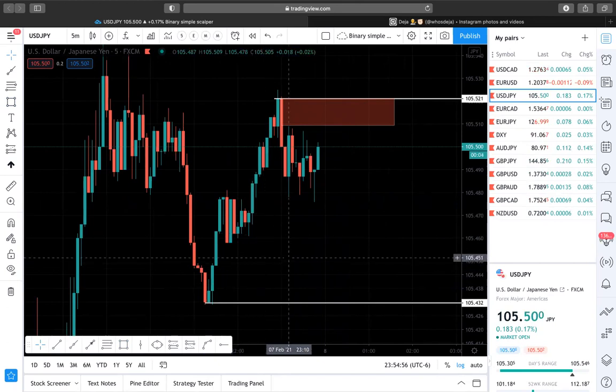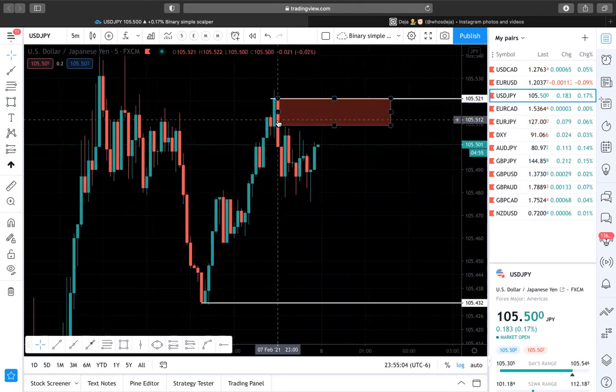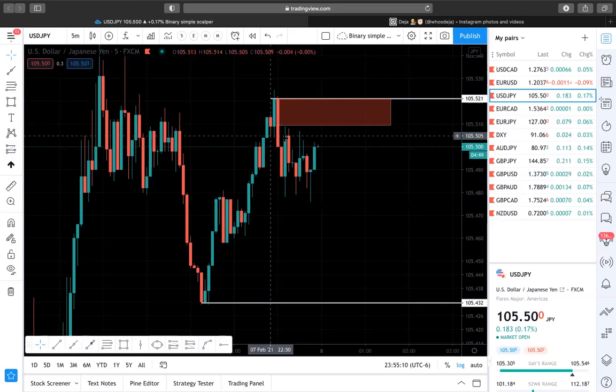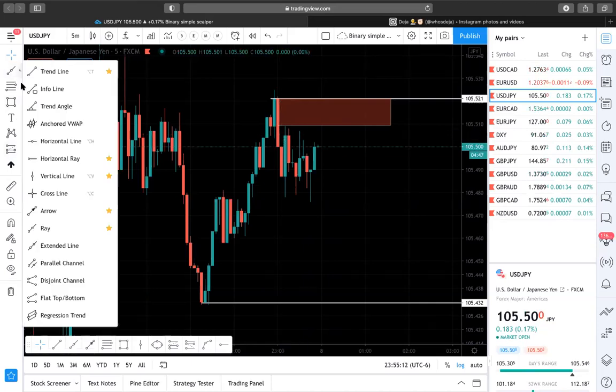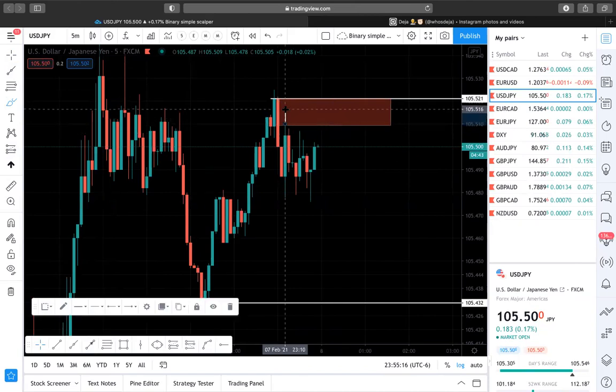So if you think about it, when something pushes all the way down, you're not saying that the sellers have complete and total control over the market. No, there should be someone at least trying to buy, which is why wicks will happen, right? So I would have wanted to see a wick come up and retest this area. It can continue down all at once, but I want to see a wick retest this area.